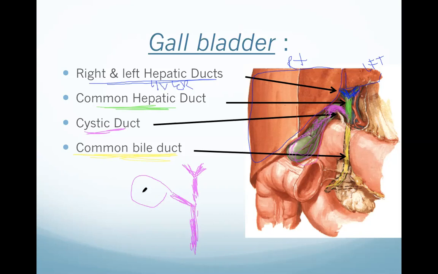So this is the gallbladder. These are the hepatic ducts. This is the common hepatic duct, and this is the common bile duct. The reason it's common bile is because it's receiving bile from the gallbladder and the liver.